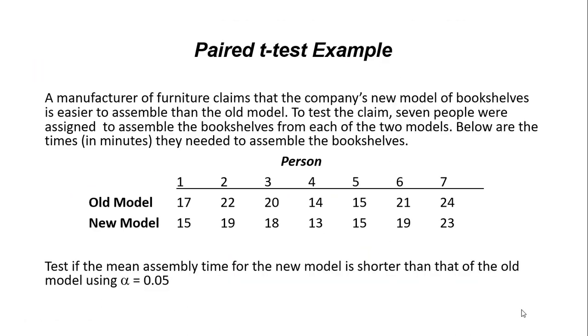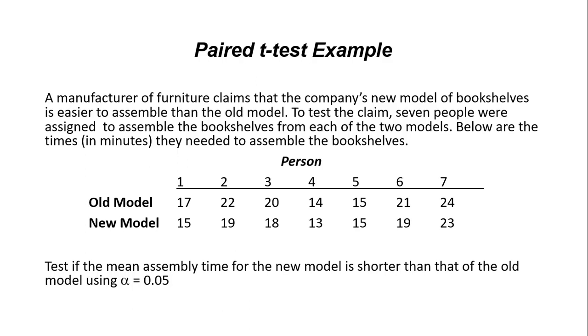Okay, and now let's take a look at our third example for this video. This example illustrates the paired t-test. So let's suppose that a manufacturer of furniture claims that the company's new model of bookshelves is easier to assemble than the old model. To test the claim, 7 people were assigned to assemble the bookshelves from each of the two models.